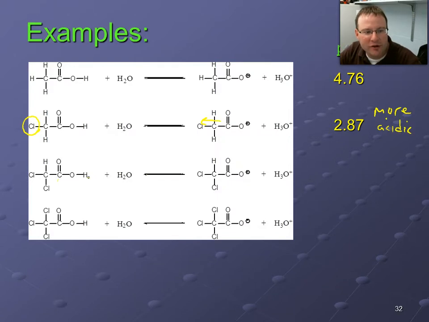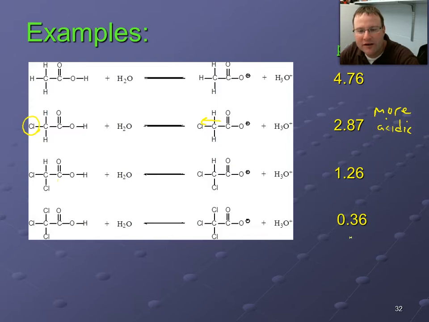If we go to dichloroacetic acid, now we have two inductively withdrawing chloro groups, and that's going to drop the pKa by another full pK unit, which again, pK and pH have a correspondence. Moving a pK from 2 to 1 is also a tenfold change in the equilibrium constant. So this is even more acidic. And finally, if we go to trichloroacetic acid, you guys may have heard of trifluoroacetic acid in organic chem.